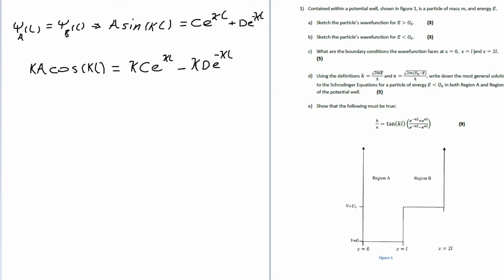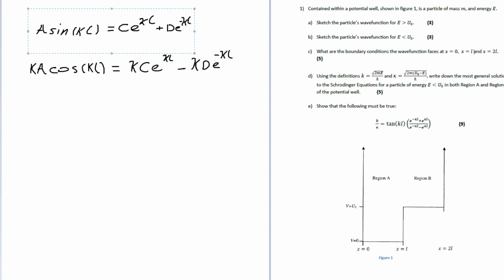So these look like simultaneous equations to me, and let me just make some space here. Go back to my brush, and this is my equation 1, this is equation 2. What we're going to do here is divide one of these equations by the other, because we're aiming for a tan and we've got a sine and a cos here, so they obviously need to be divided.